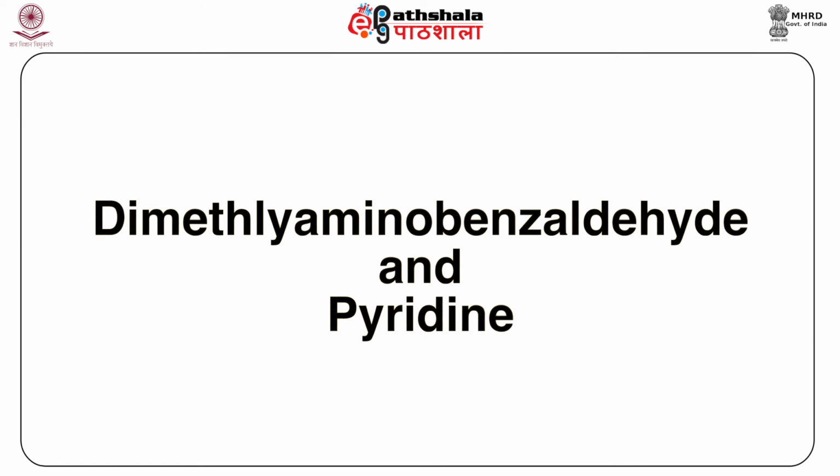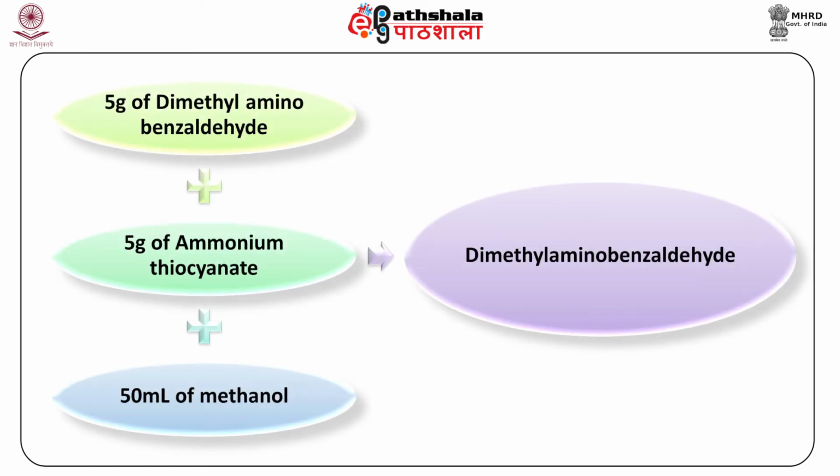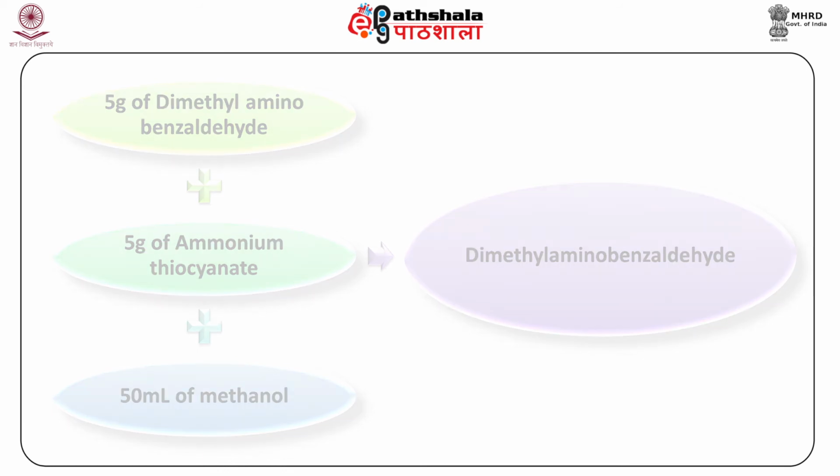Spraying reagents: dimethylaminobenzaldehyde and pyridine. A. Dimethylaminobenzaldehyde reagent is prepared by dissolving 5 grams of dimethylaminobenzaldehyde and 5 grams of ammonium thiocyanate in 50 milliliters of methanol.